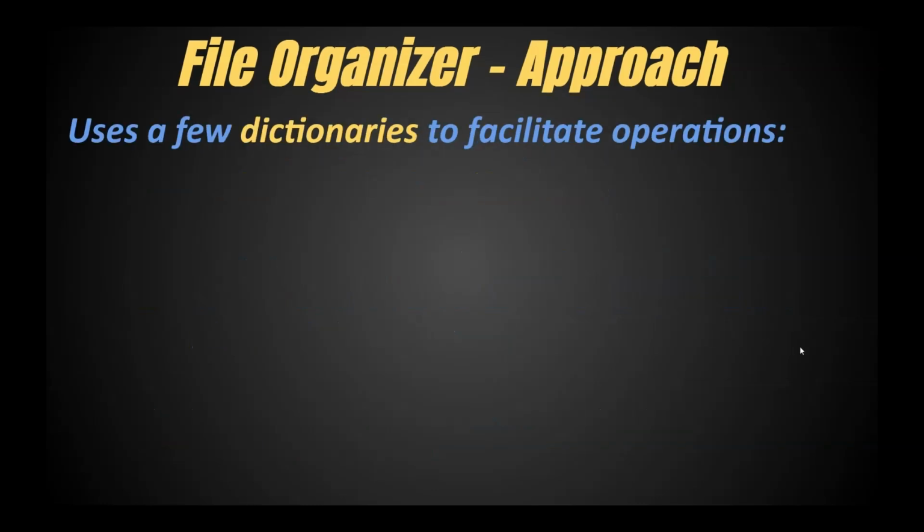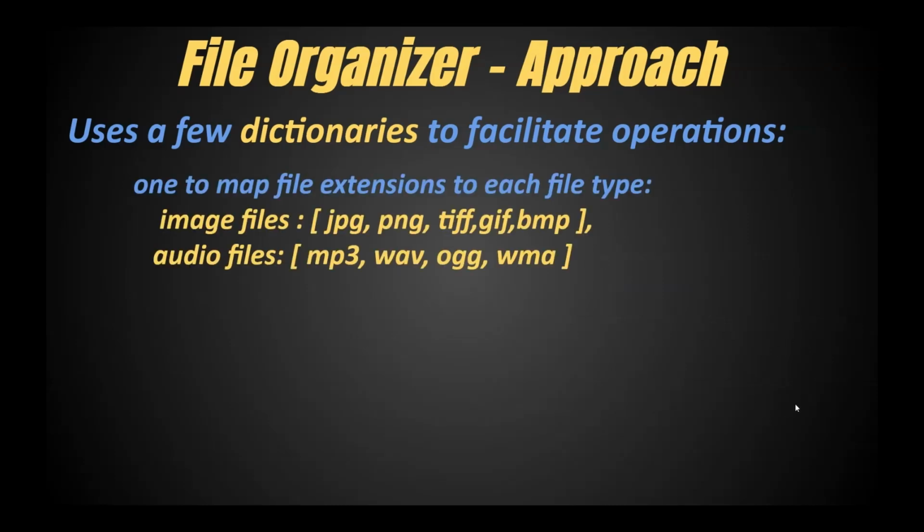I also end up using a few dictionaries to facilitate some operations. The first one I use maps the various file extensions to the file types. This is really the beginning of the classification, where I take several file extensions that I want to identify and put them under separate headings.